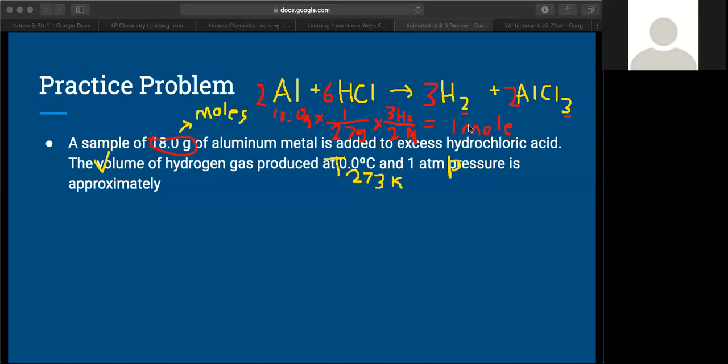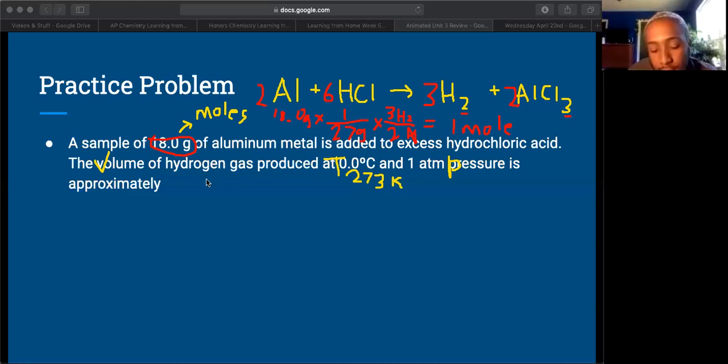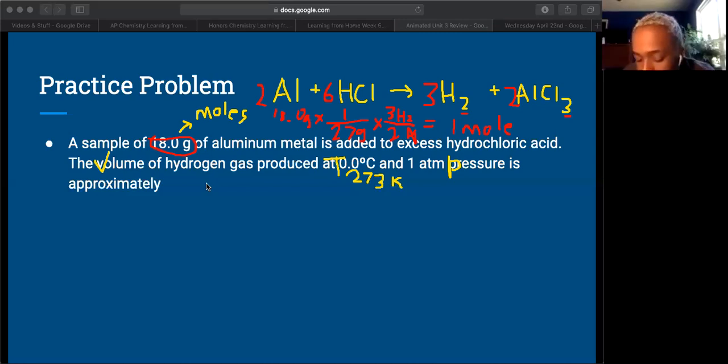So now I have 1 mole, 1 atmosphere, 273 Kelvin. What's my volume then? You said we have 1 mole, 273. What is R in this case?